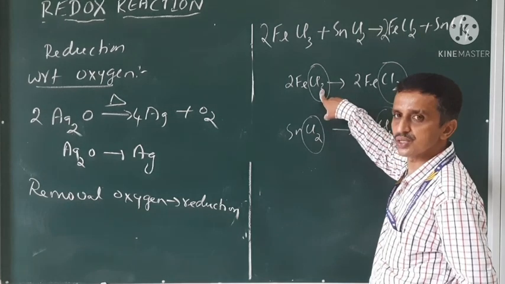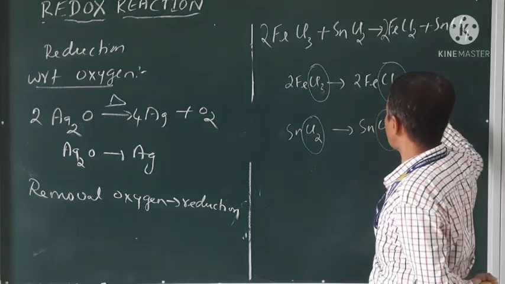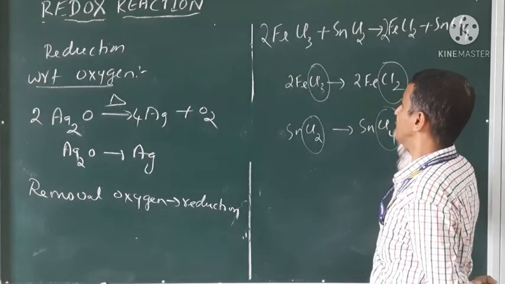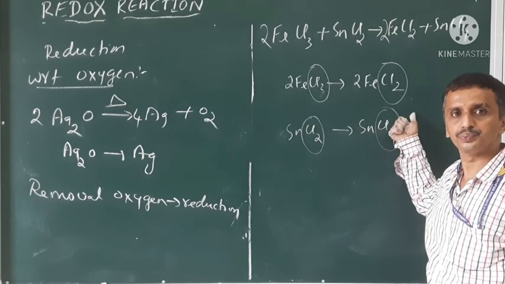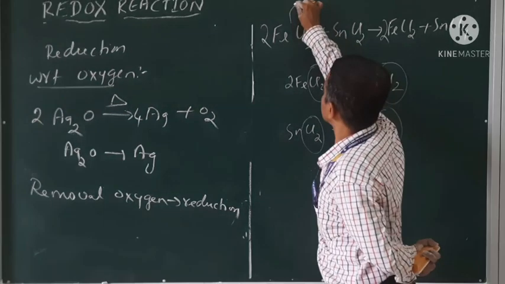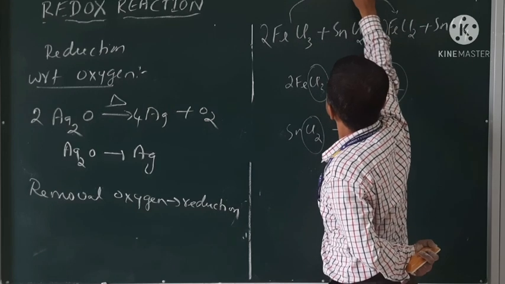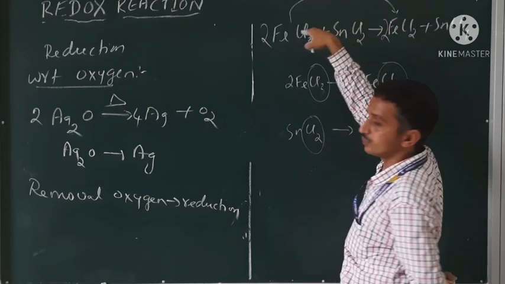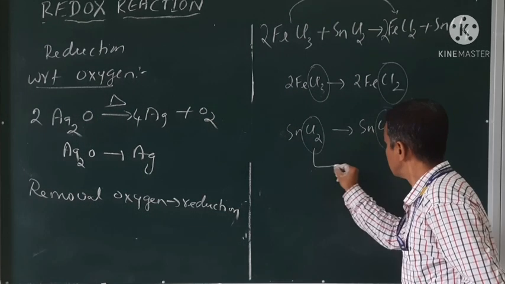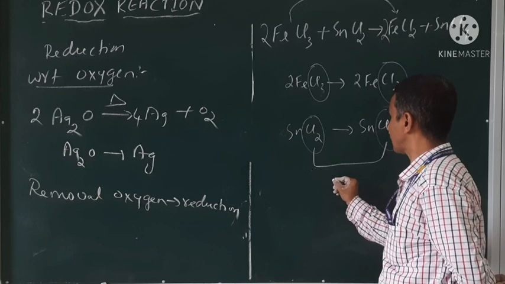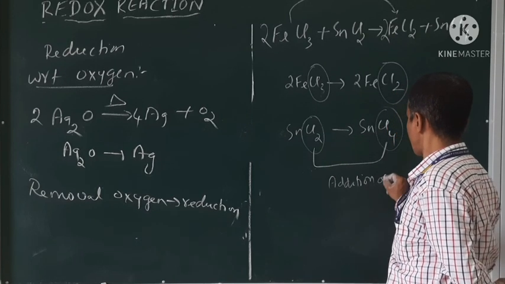And in this case, there is a removal of electronegative element. 3 becoming 2. So this undergoes reduction because there is a removal of electronegative element. And in this case, what happened here? There is an addition of electronegative element. Yes or no?